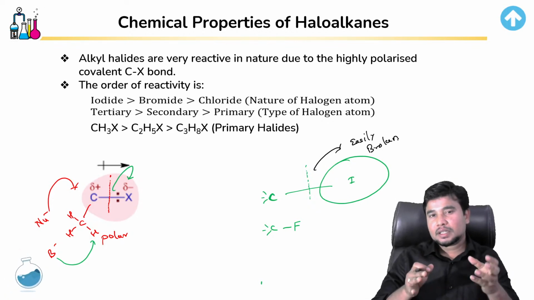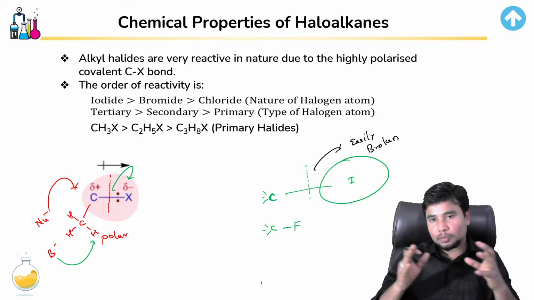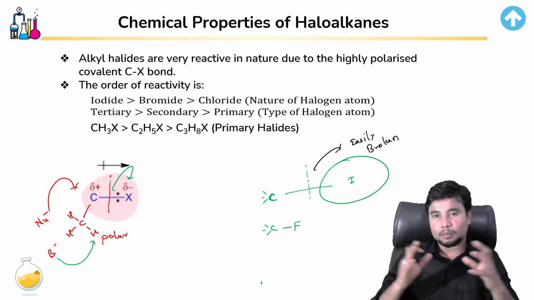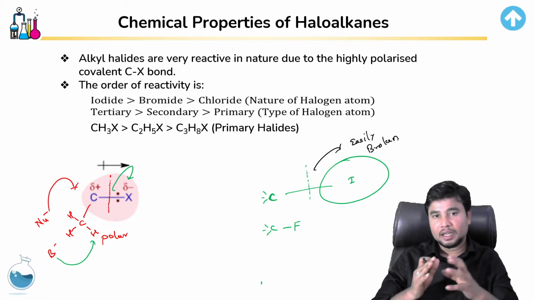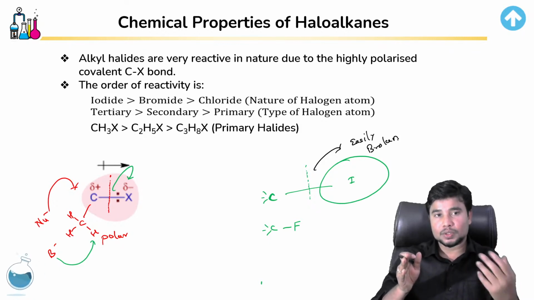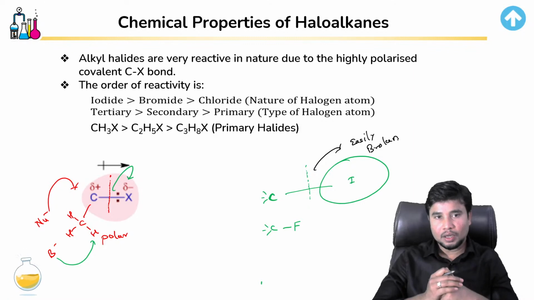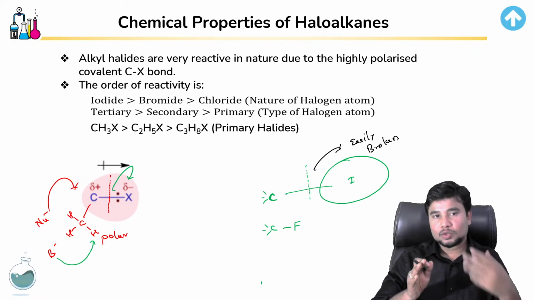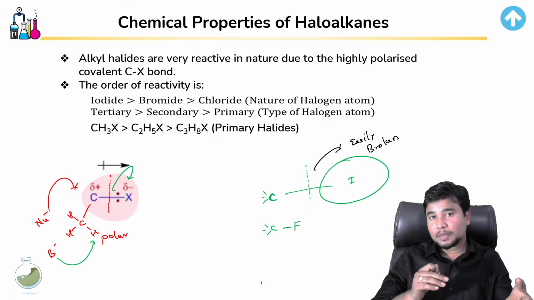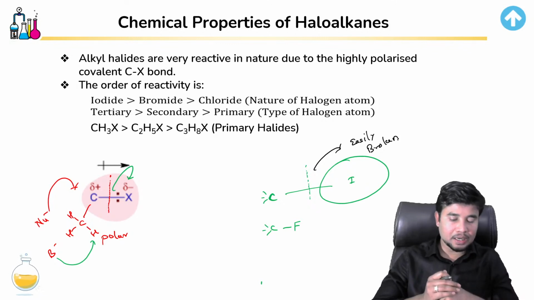And for that reason, if you talk about the reactivity that depends on the polarity of alkyl halide, it would be particularly alkyl iodide that shows the reactions the fastest. Okay, so that is one thing you would need to understand and remember. Now, one more thing is about the type of halide you have.